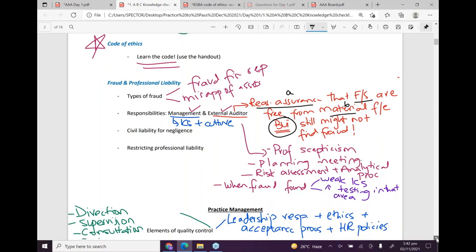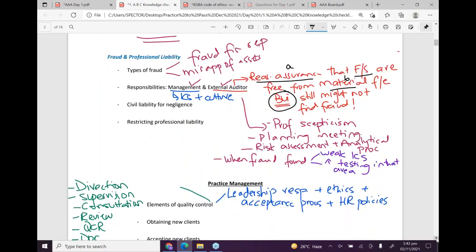However, as a part of my responsibility, I need to maintain an attitude of professional skepticism. There has to be a planning meeting at the planning stage where the entire audit team sits together and discusses areas which are susceptible to fraud and error. So they're going to discuss which areas have a higher chance of fraud and error. I need to make sure there is risk assessment and analytical procedures are conducted.